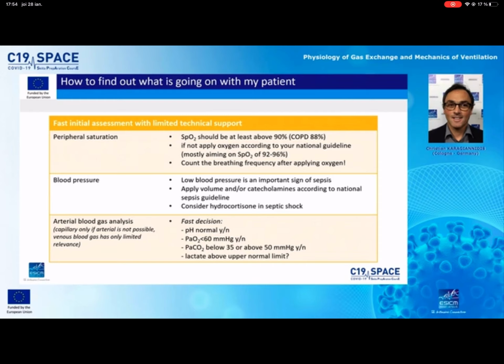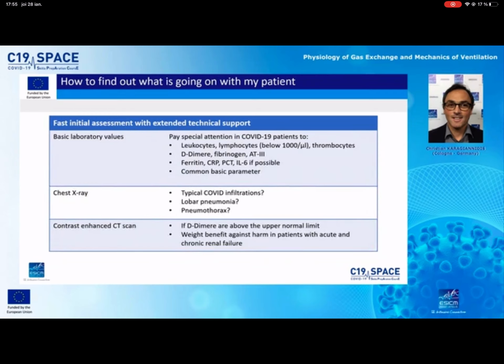Regarding the arterial blood gas analysis you should perform at this presentation of the patient, it's always good to make a fast decision regarding the pH value. Is it normal or not? Is the PaO2 level below 60 millimeters of mercury? Is your CO2 high or low? And particularly, does your patient have lactate, which represents a mismatch in the peripheral perfusion?